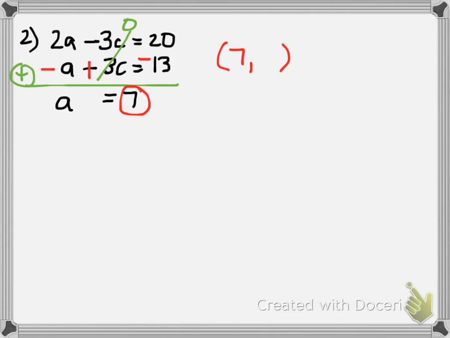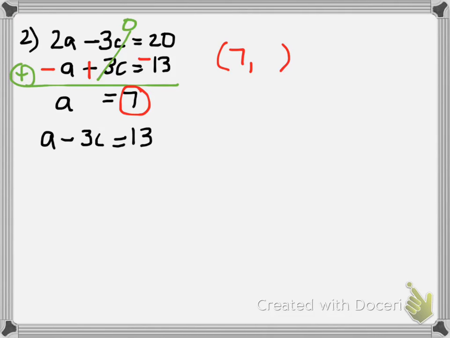So let me remind you what the original equations were. 2a minus 3c equals 20, and a minus 3c equals 13. So the best place for me to substitute in the 7 would be into the second equation, because the a that I'm trying to solve for is already alone. So let me rewrite that equation. Equals 13. So remember, all the reds are gone.